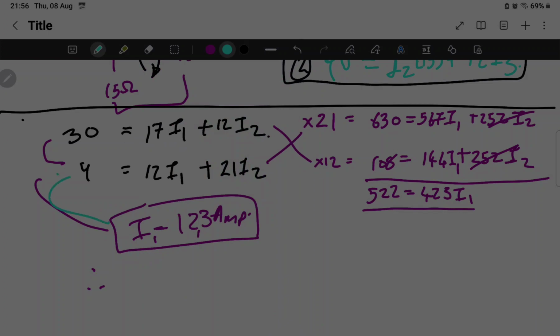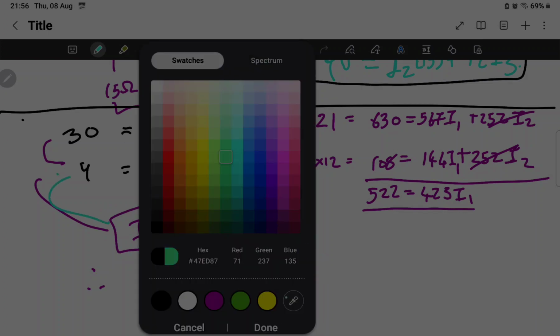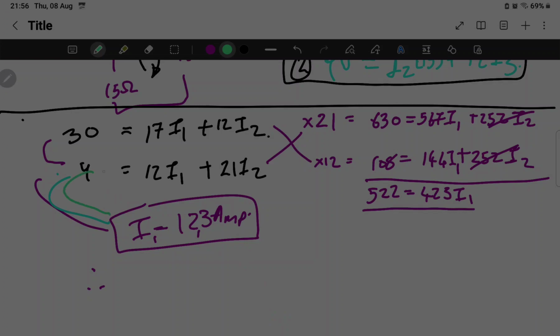So now our I2 will therefore equal negative 0.272 amps.